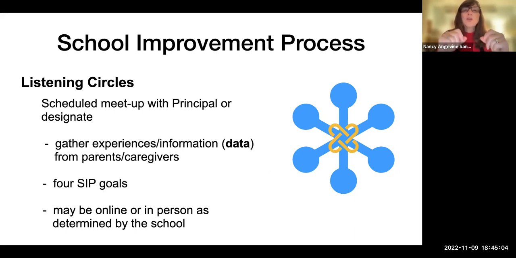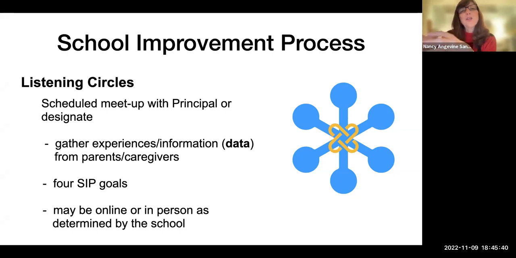And I want to use that same term when we talk about the experiences and information that we will collect from our parents and caregivers, because I want it to be seen as equal. The data that our schools collect through tests and assignments, looking at the academic records or the equity or what's happening in well-being or Indigenous issues at the school, that data of what they collect that happens at the school is very important.